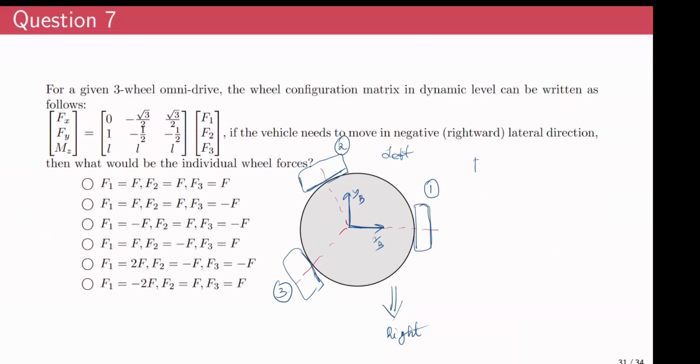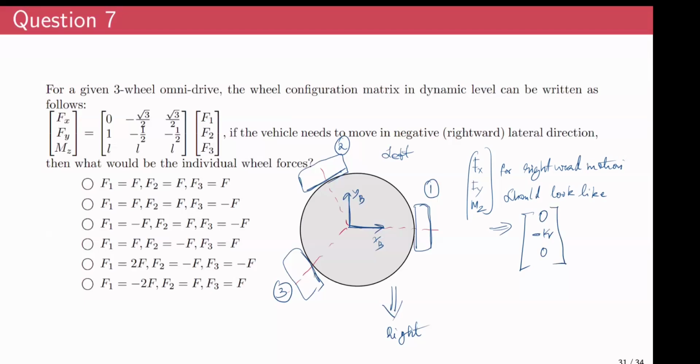So fx, fy, mz for rightward motion should look like this: 0, minus k, 0, right? It's a pure motion along the rightward direction. It should not move along x direction, and it should also not rotate.